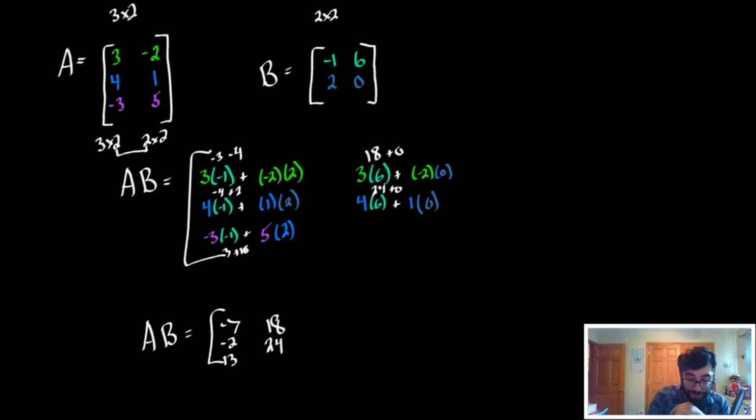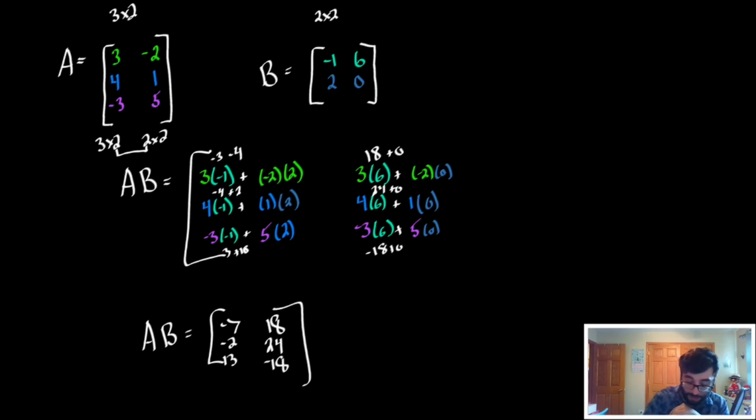And then finally, we're almost done. We'd have -3 times 6 plus 5 times 0. Let me go ahead and do that. So -3 times 6 plus 5 times 0, which would get me -18 plus 0, which is -18.